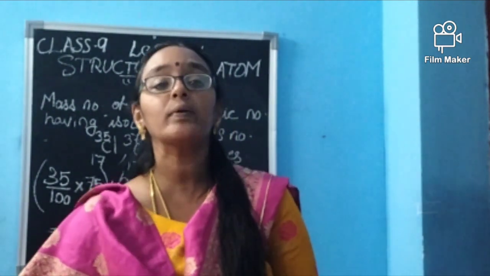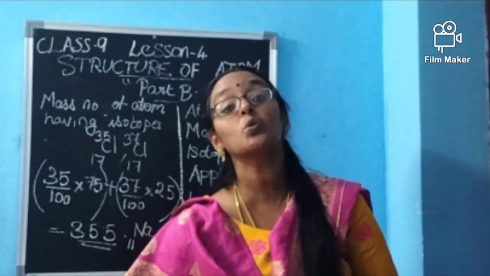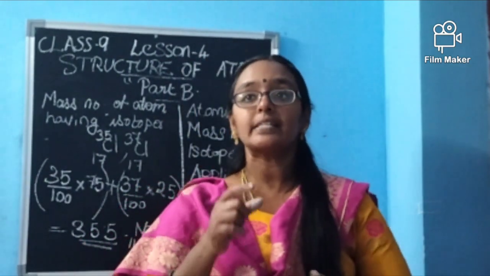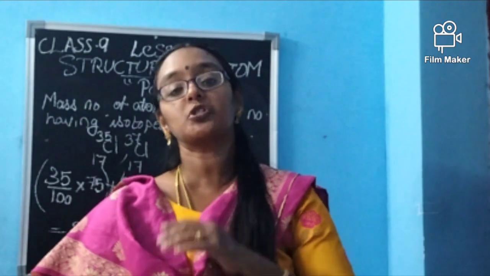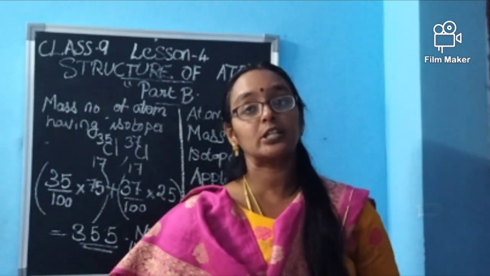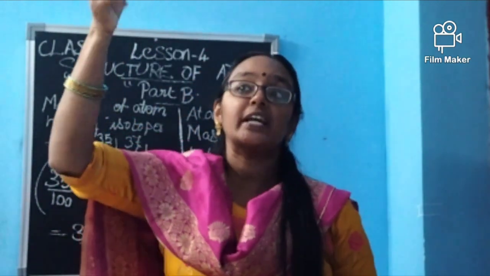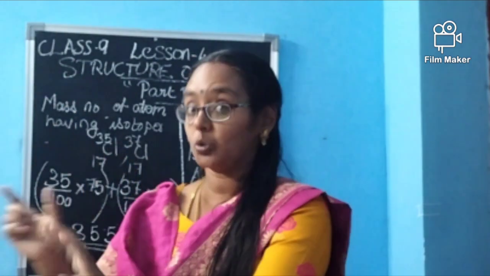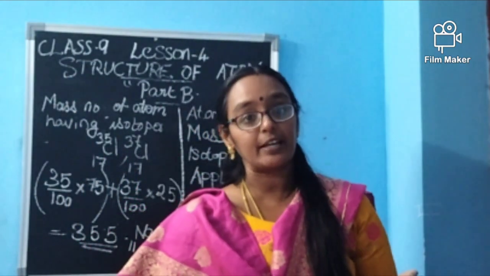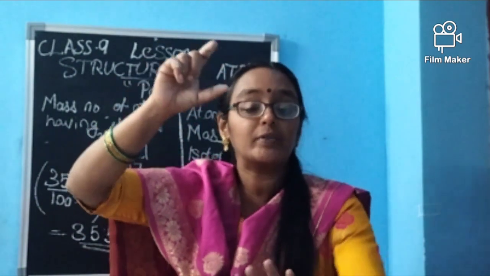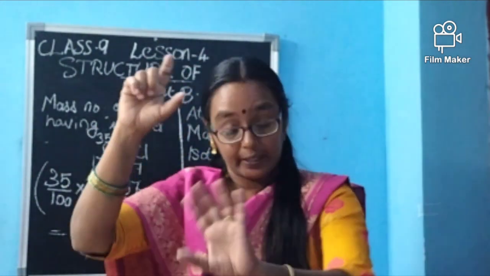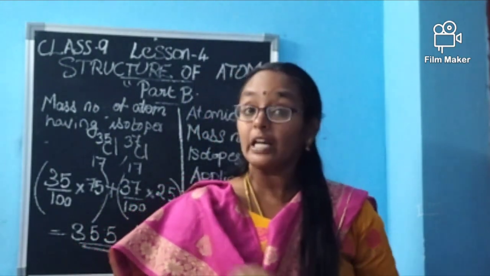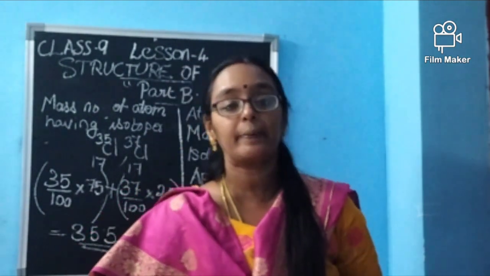Now we are moving to learn a new thing, that is isobar. What is this isobar? It is entirely opposite to that of isotope. As I told you, at the top, if the mass number is changed, we say the thing is isotope. What will be the isobar? At the bottom, if the atomic number is changed, it will be called isobar.